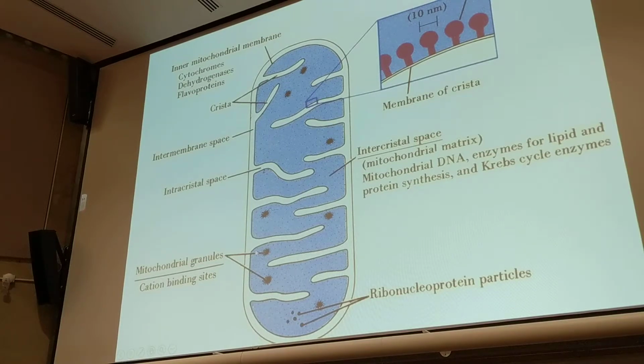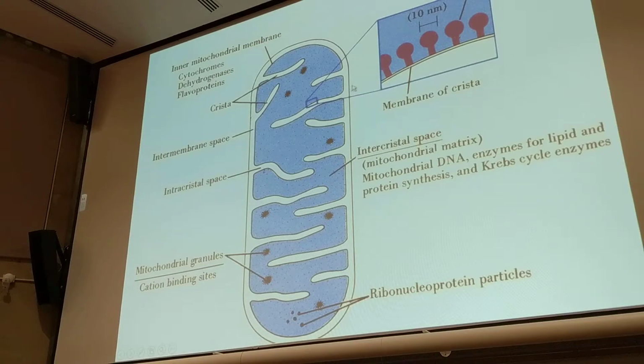There are mitochondrial granules, there are cation binding sites, and this is a magnification of the inner membrane. These complexes are involved in the respiration, in the electron transfer process. And these are made out of enzymes for oxidative phosphorylation and for ATP production.